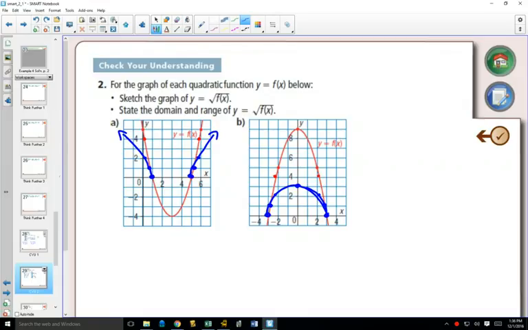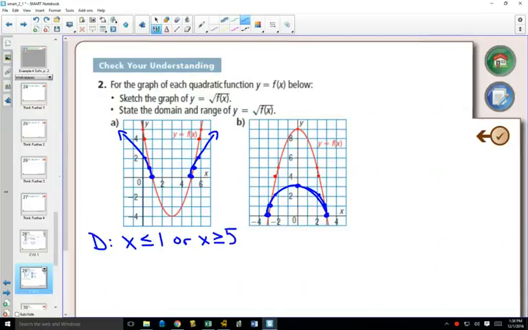What's our domain and range of each of these? Well, I'm going to write the domain in both interval and set notation, just so we can practice that. In set notation, we would say x can be less than or equal to 1, or x can be greater than or equal to 5.